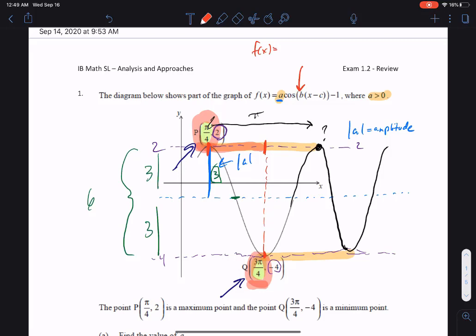I taught you this equation. The difference is they factored out this quantity called b from this parentheses here. That's not going to change the value of b at all. That b is still the same if you factor it out, but it will change your value for c.